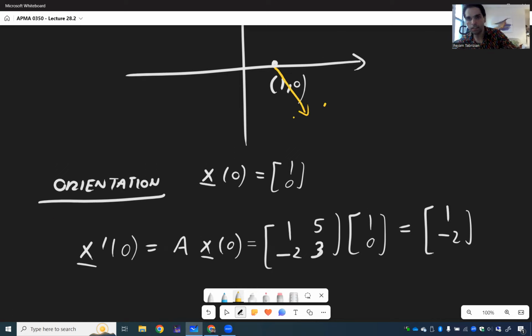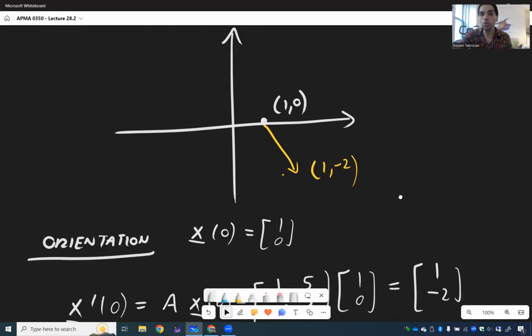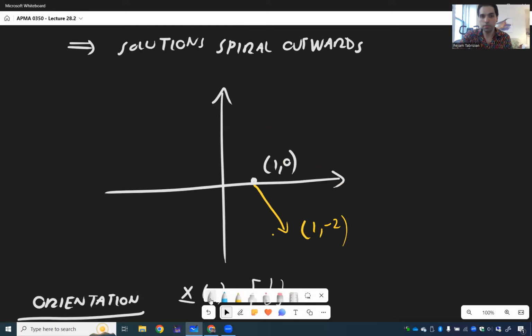Maybe like that. (1, minus 2). And this should hopefully help you figure out the orientation of the solution. And so it turns out, because of this, the solutions go clockwise to infinity.